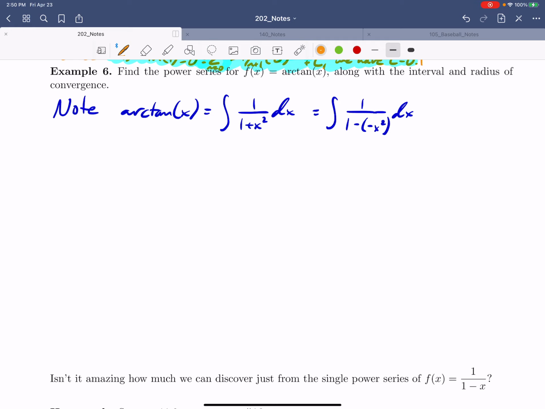Okay? And, of course, you can change that to 1 over 1 minus negative x squared.